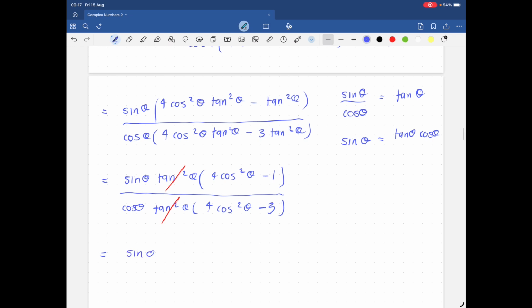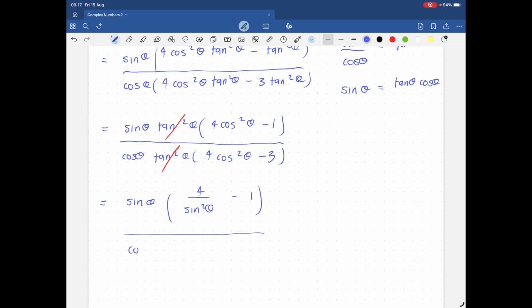So sine theta outside of 4 on sec squared theta minus 1 over cos theta, 4 on, and that should be a sec, I'm sorry, sec squared theta minus 3.